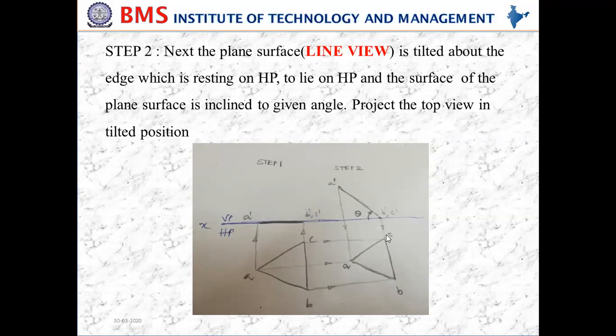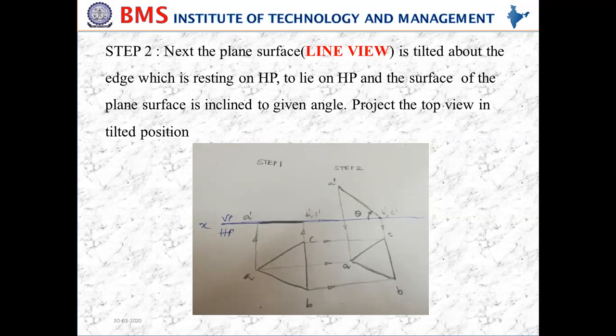Got it? The first step is very important. When the first step is right, the second and third steps will automatically be right. If you go wrong in the first step, step 2 and step 3 will also go wrong. Where can you go wrong? Just in deciding where to draw the true shape.